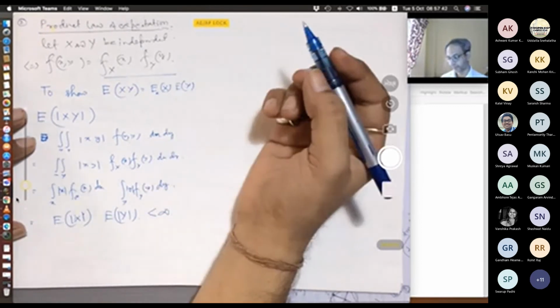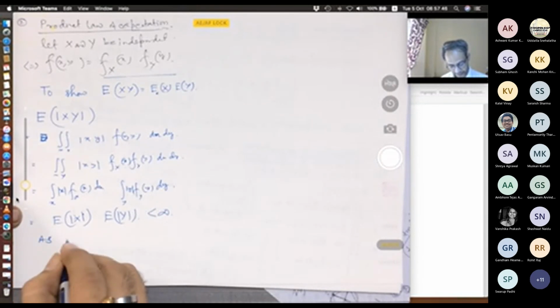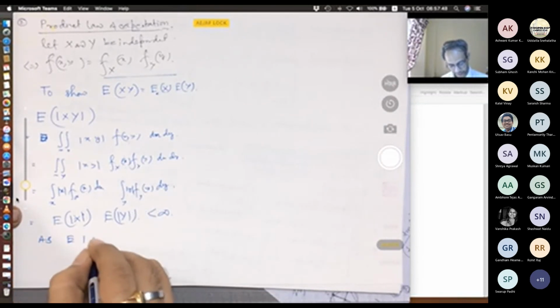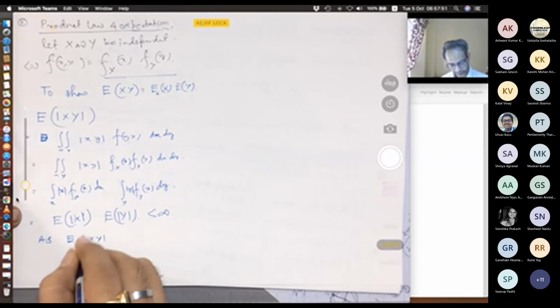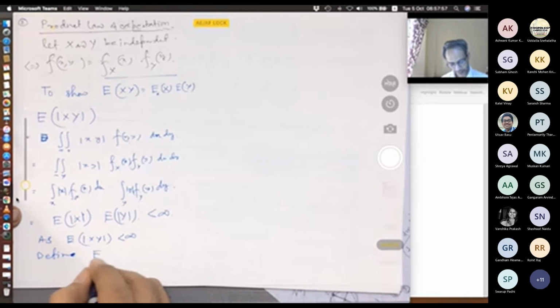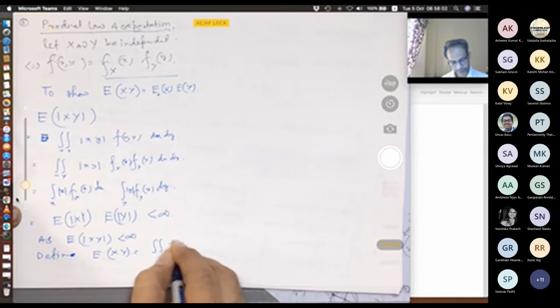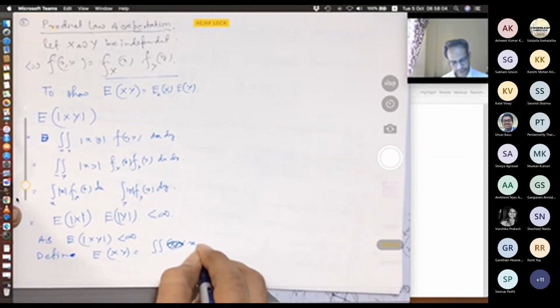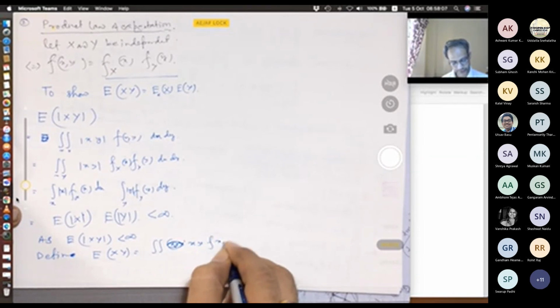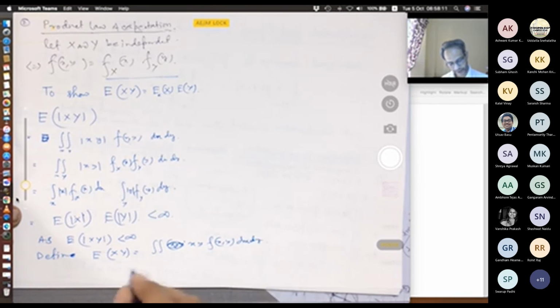Now, as expectation of |XY| is finite, define expectation of XY as double integration x into y f(x,y) dx dy, and again do the similar job.